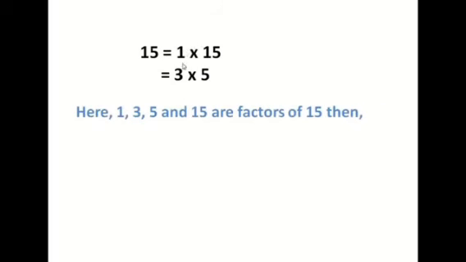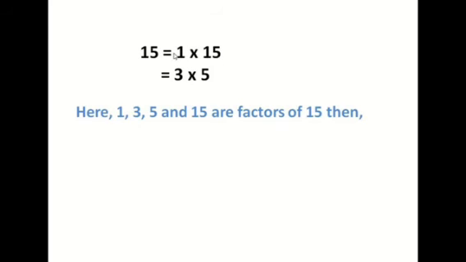Look at here. I have factorized 15. 1 15s are 15. 3 5s are 15. You all know. Okay. So what are the factors here? Here the factors are 1, 3, 5 and 15. Now I have a question here.